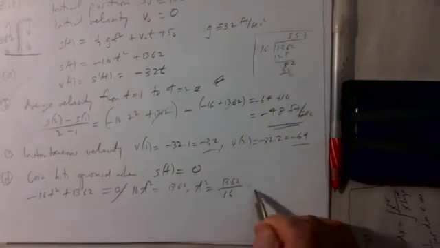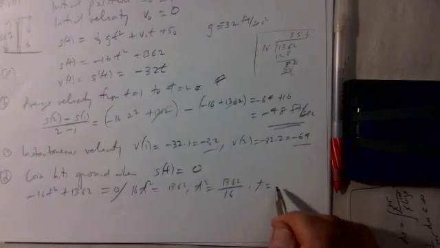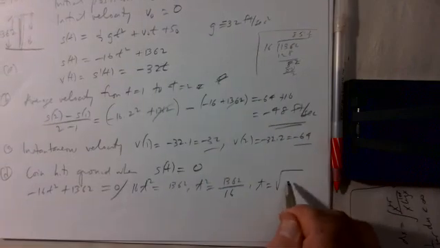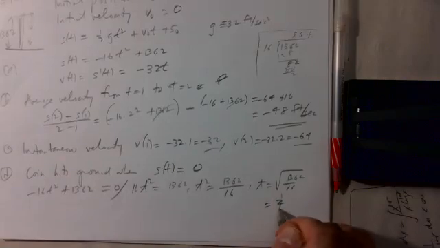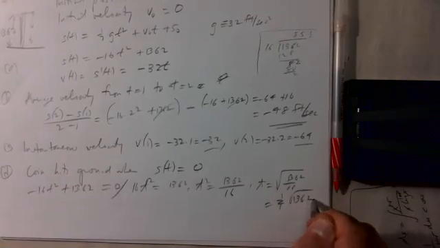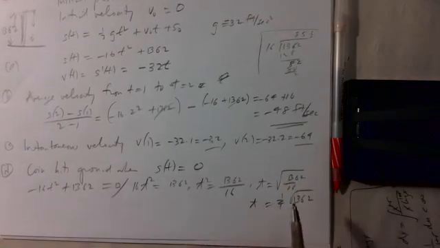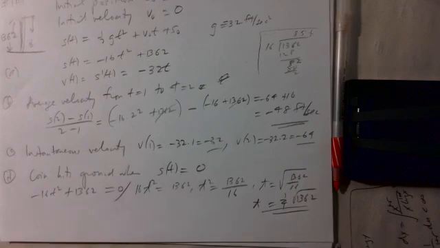So t is the square root of this number, whatever it might be. The square root of 16 is 4, so this is 1/4 the square root of 1362. That's when the coin hits the ground.